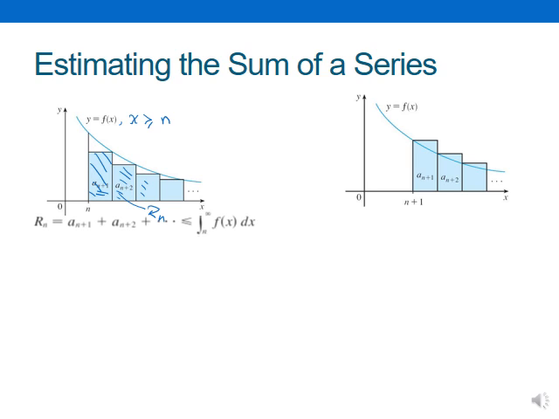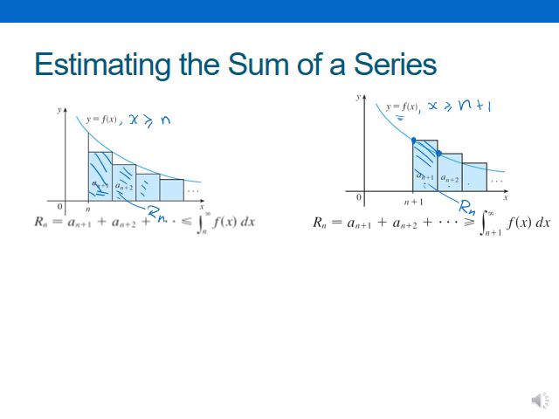On the other hand, if I took the heights of the rectangles above the graph, like this case, the remainder terms Rn, which start from a(n+1), a(n+2), and so on, are compared to the area under the graph for values of x greater than or equal to n+1 this time. I noticed from the figure that the area under the graph of f of x will be less than my remainder terms.